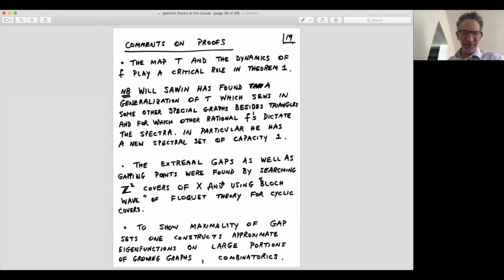So I want to emphasize that all our graphs that we are creating are coming from abelian covers. The beauty of Bloch wave theory is it allows you to study the universal abelian cover and also finite abelian covers in terms of bands and gaps, which you can compute explicitly in any given example. And the point is that we're engineering such examples with maximal gaps.